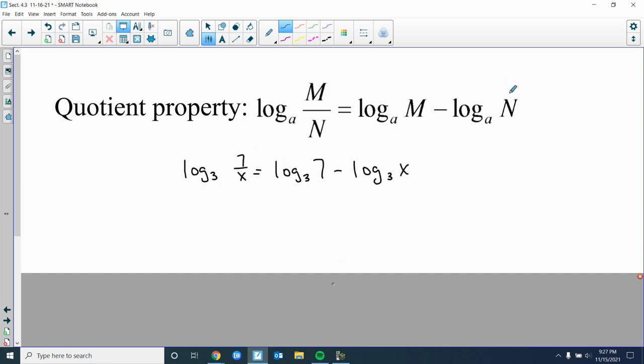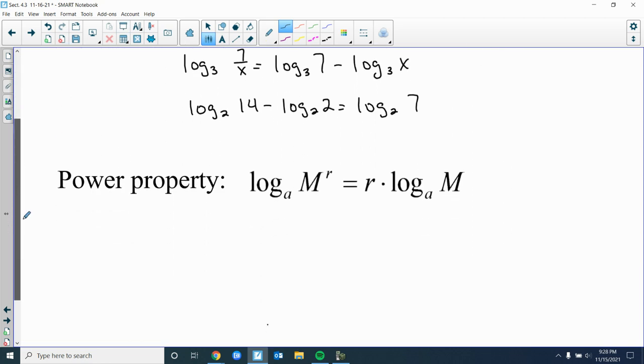And then in the original, you can go the same or backwards, and if you have a subtraction, you can write it as a division. So I have the log base 2 of 14 minus the log base 2 of 2. I can write it as the log base 2 of 7, because I can take 14 divided by 2.